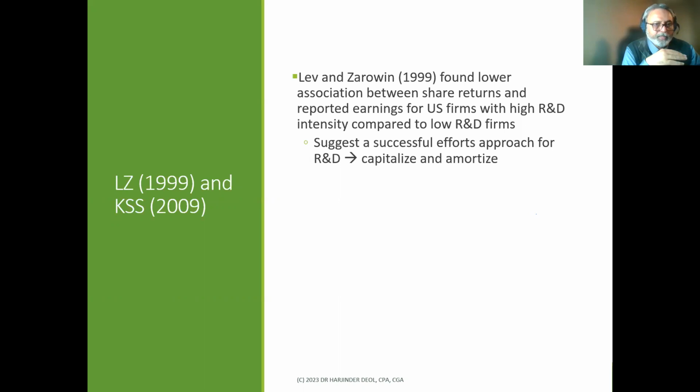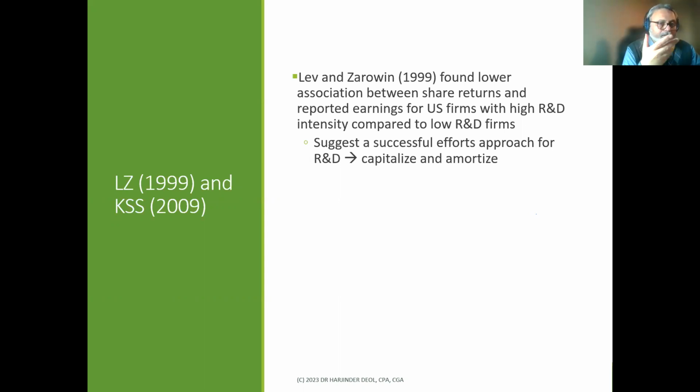So either you're crediting cash being paid, or you credit some other asset that's being used for the research purposes. What Lev and Zarowin are saying is that the debit in the journal entry, instead of it being an R&D expense, you should debit an R&D asset.